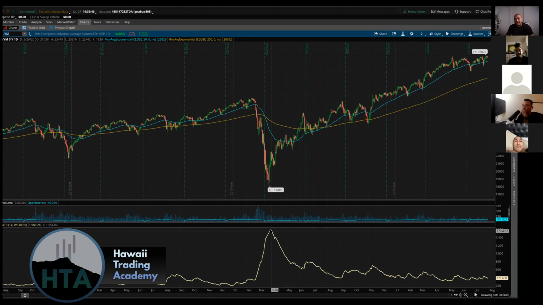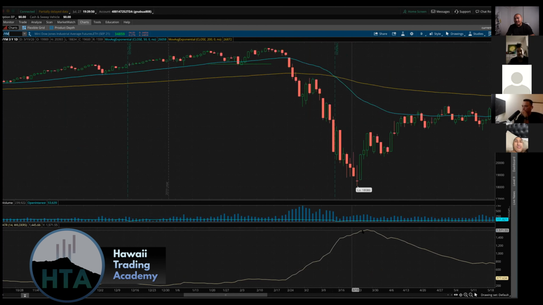Look at this ATR: 1,600 points compared to a low of 200 points. So if you're trading here, 200 points is your ATR, and you're like, oh, cool. You can see that represented by smaller candles here.